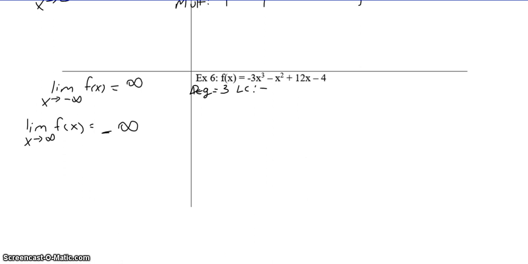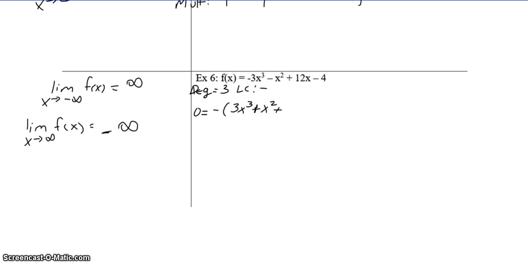Okay, now what about the zeros? Four terms. Let's see if we could factor. All these right now will be nicely factorable. First thing, I'm going to take a negative out of that whole thing, just to make the numbers look a little nicer to deal with.